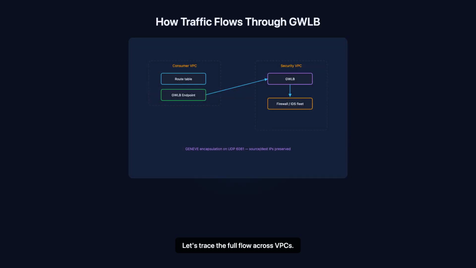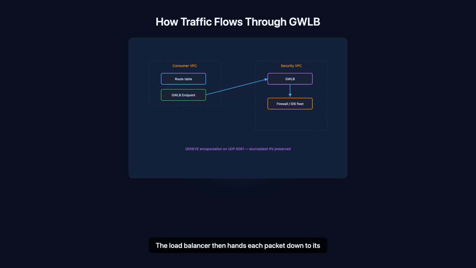Let's trace the full flow across VPCs. On the left, in your consumer VPC, the route table sends traffic to a gateway load balancer endpoint. That's the mechanism that redirects packets across the VPC boundary. From there, traffic crosses into a dedicated security VPC and reaches the gateway load balancer itself.